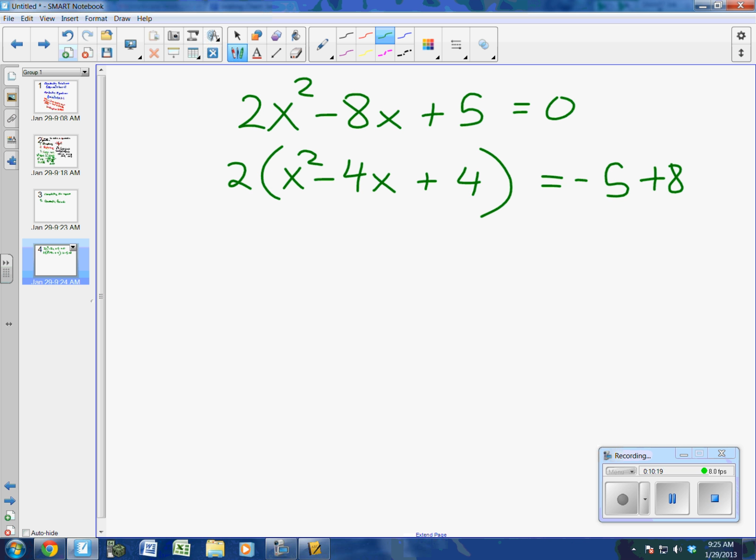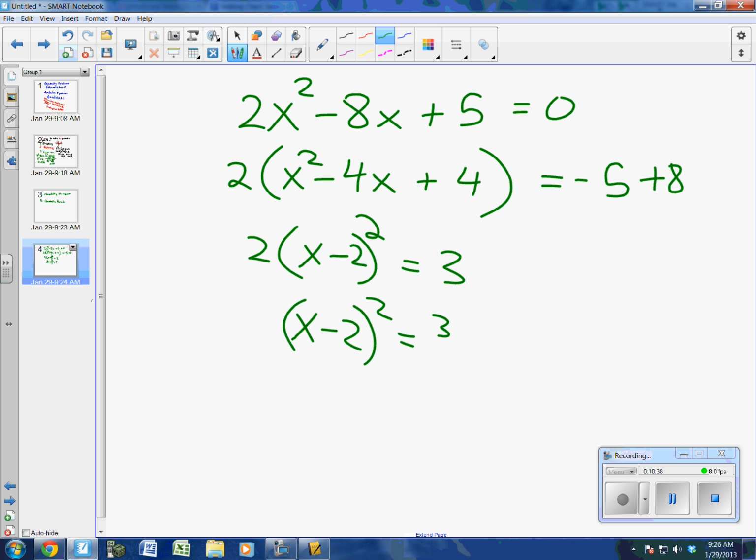Okay? And so we're going to get x minus 2 squared. You guys see that that's a perfect square trinomial. Factors will be x minus 2 times x minus 2 equals 3. Okay, I'm going to divide by 2, right? So I get x minus 2 squared equals 3 over 2. Then I'm going to take the square root of both sides.